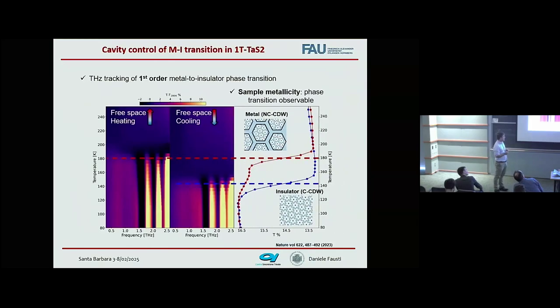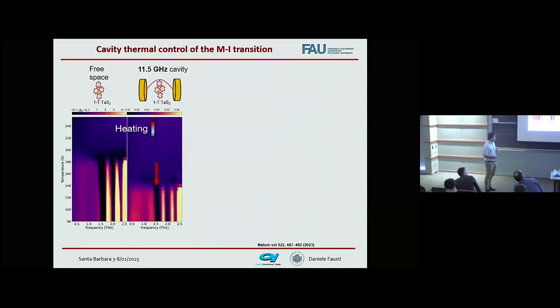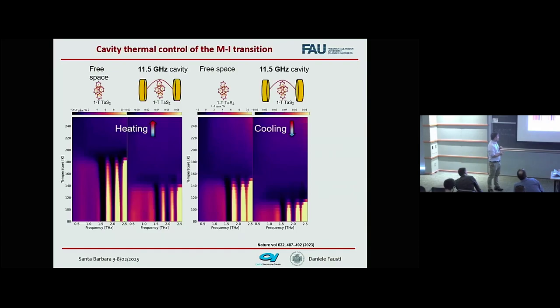So I have a metallic state above Tc and an insulating phase below Tc. The main observation, and I will just highlight the results, is that the effective phase transition temperature is shifted by the presence of the cavity by nearly 50 degrees.